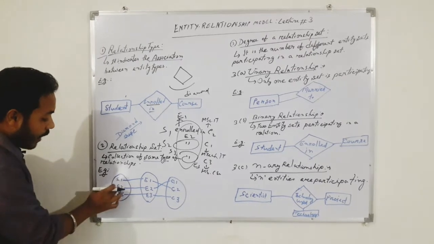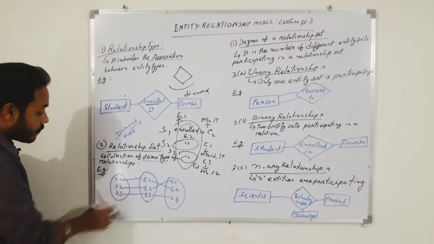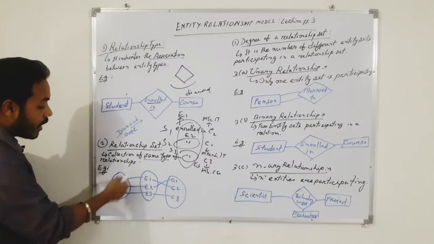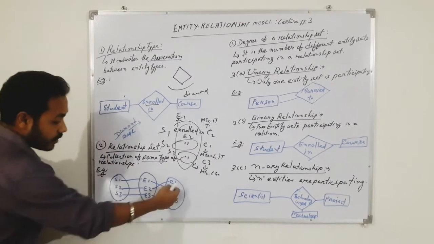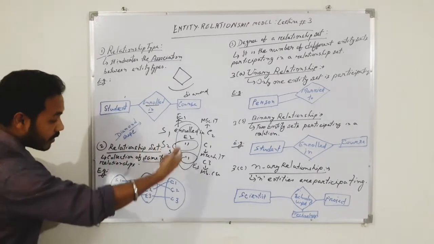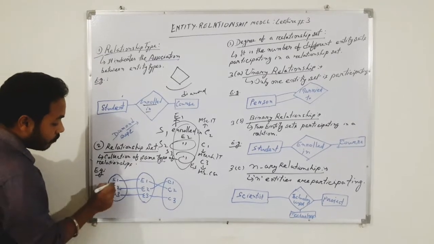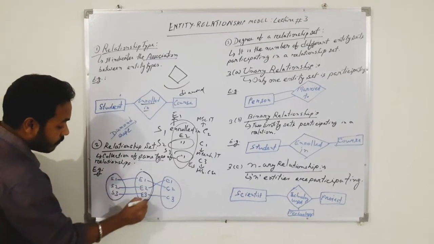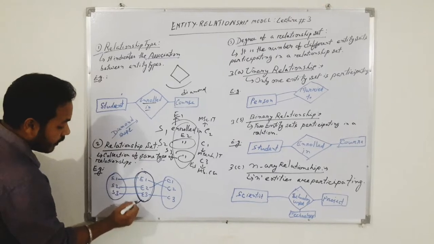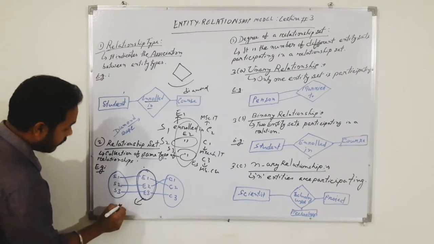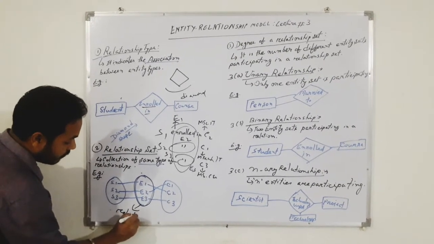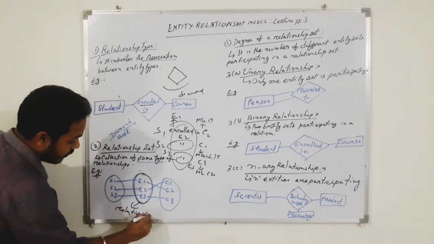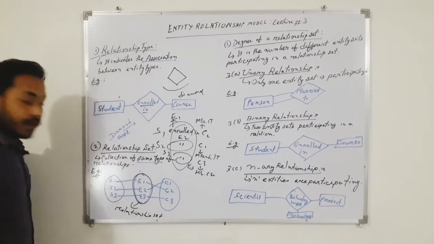Now S1, S2, S3 are our students, belonging to the student entity type, and C1, C2, C3 belong to the course entity type. So this particular set is representing a relationship set.